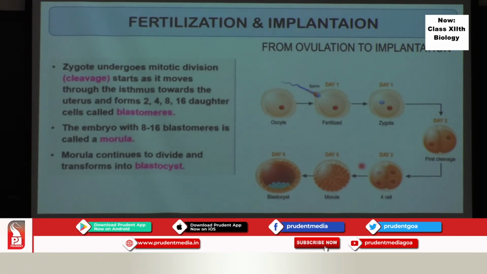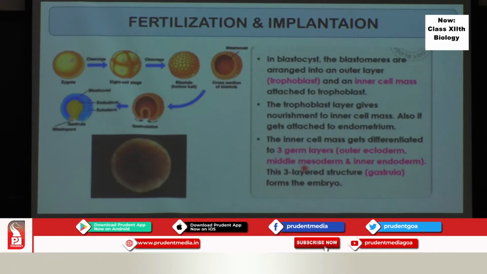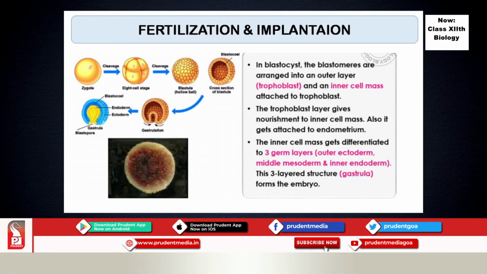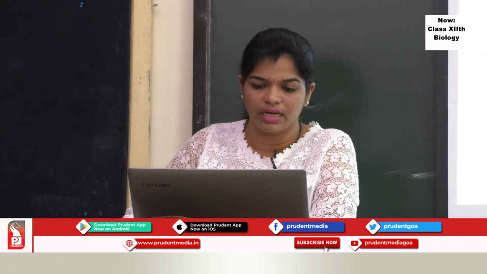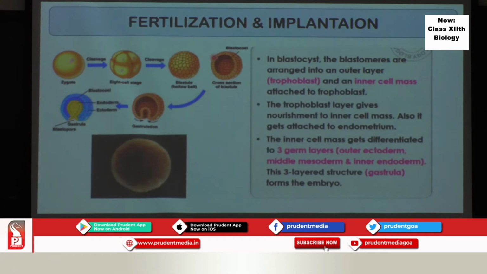The morula will continue to divide and transform into something called blastocyst. In the blastocyst, the blastomeres are arranged into an outer layer. You can see here the outer layer is made up of blastomeres, and the layer is termed trophoblast.